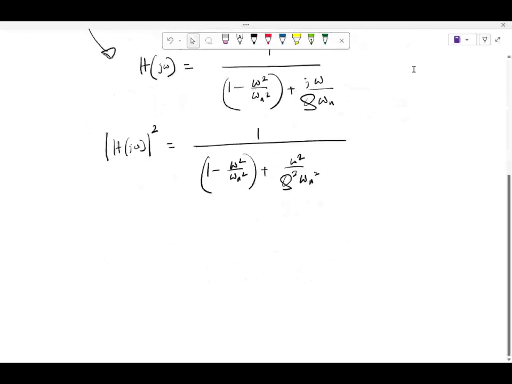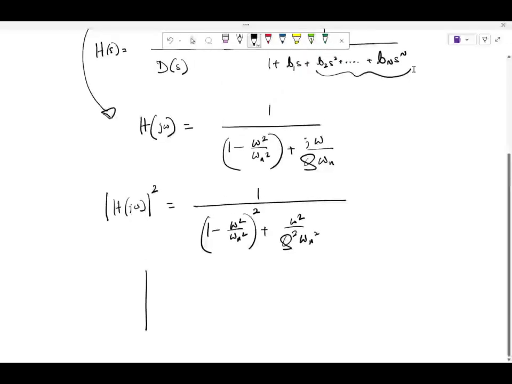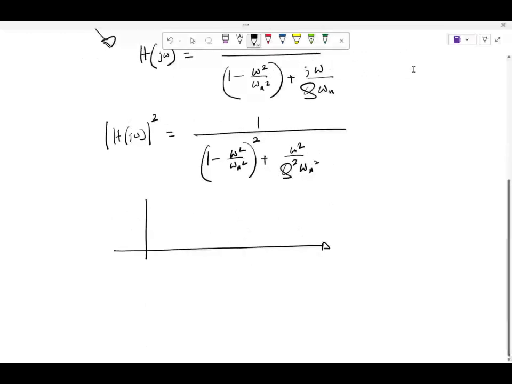Now if I plot the mod of H(j omega), not the squared terms, at DC it is easy: I get 1.